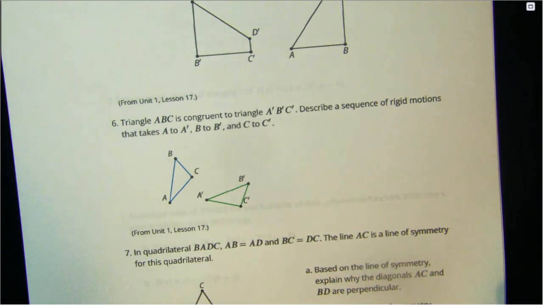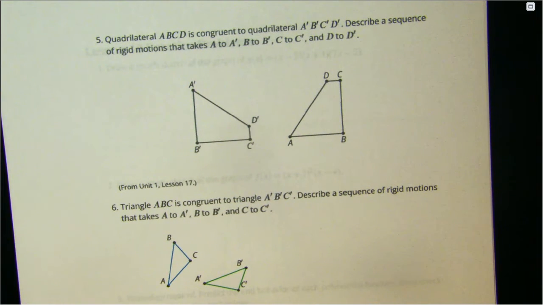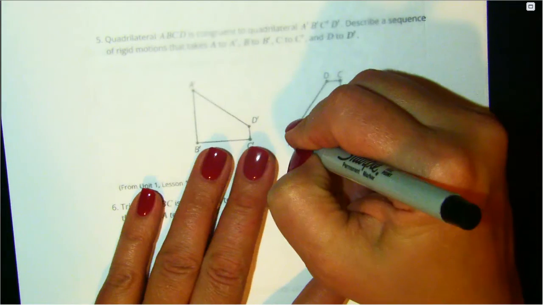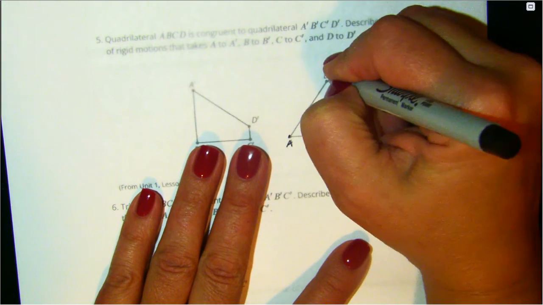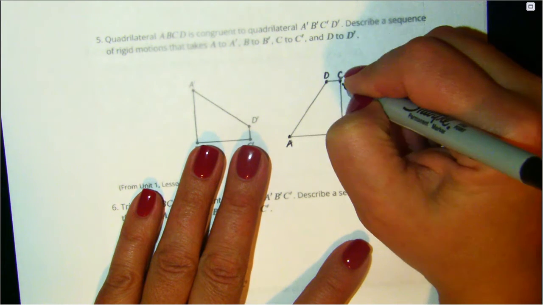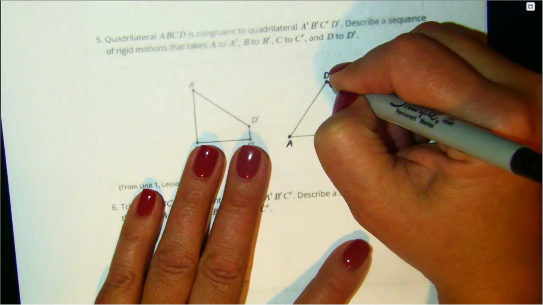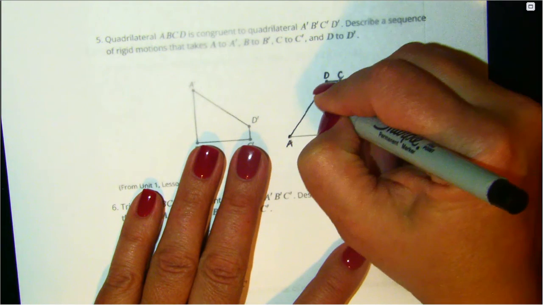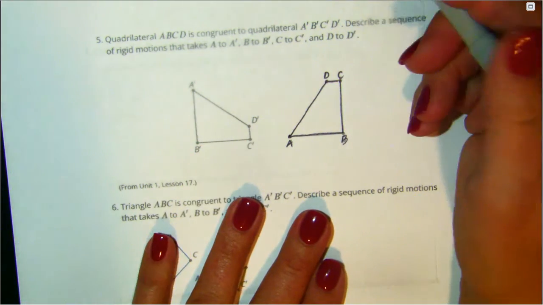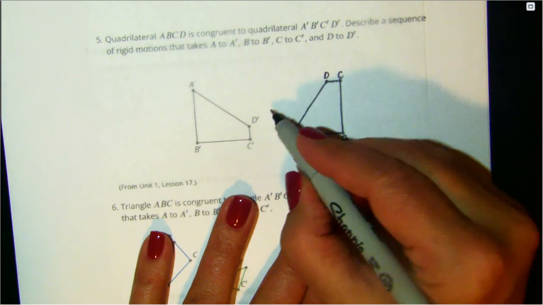It says quadrilateral ABCD is congruent to quadrilateral A prime B prime C prime D prime. Describe a sequence of rigid motions that could take this quad to this quad. So we've been talking in class a lot. The best way is to line up one point to its image. It really doesn't matter which one. I'm going to say D to D prime.